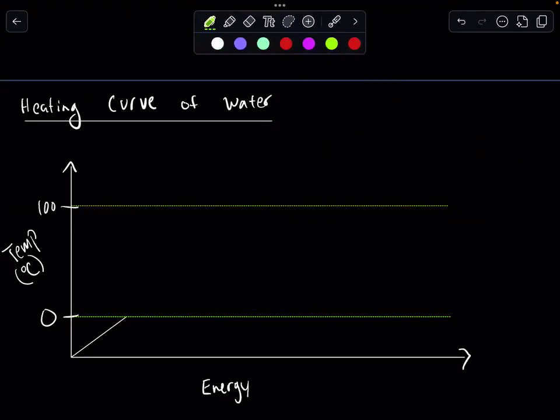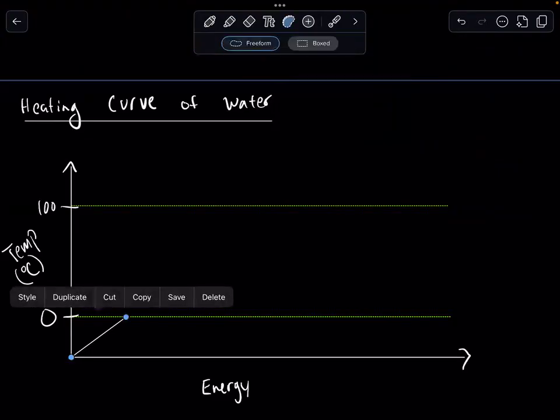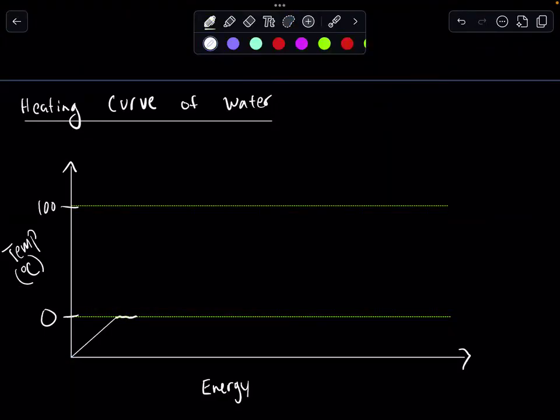All right. So when I do this heating curve, I hit from below 0 and I go up to 0. Now, you don't have to be super exact with them. I sometimes like to be, but it doesn't matter too much as long as you show that things start and end at these boiling and freezing points.